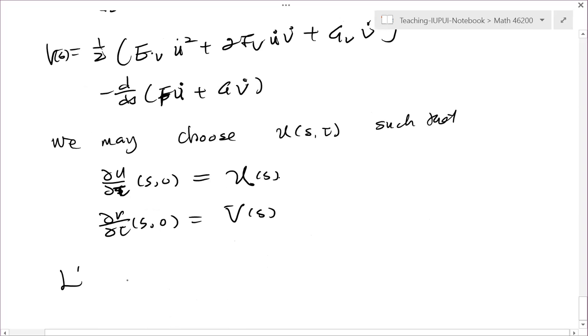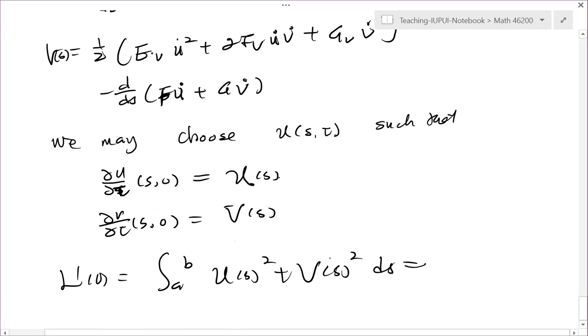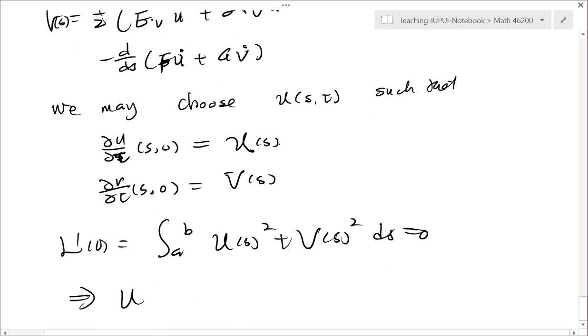Then L prime is going to be the integral from a to b of U_s squared, V_s squared, and it equals 0. That implies U_s equals 0, V_s equals 0, okay?